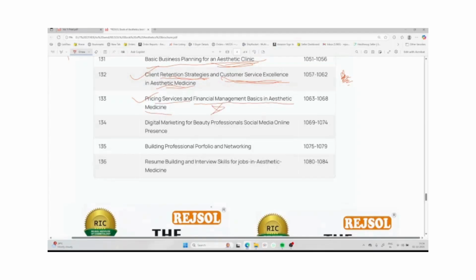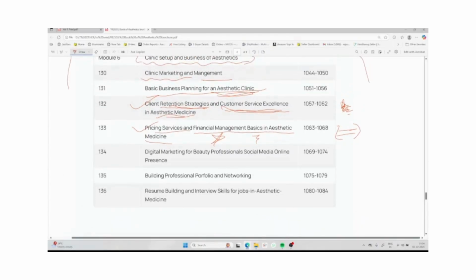So how do you plan the finances in aesthetic medicine? What is your budget, how should you plan, how much should you keep for your day-to-day expenses. This is what is discussed. And a very important thing in today's world is digital marketing for beauty professionals, social media, online presence, how you should do that.